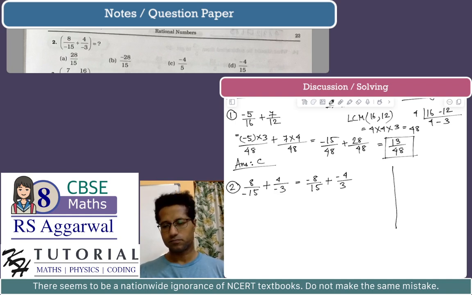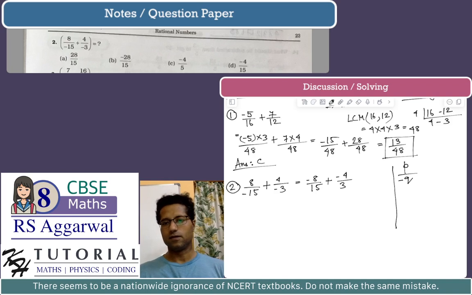Let's say you have a rational number of the form p by minus q, where minus q is the denominator and q is a positive integer not equal to 0. How will you convert it to its equivalent form so that the denominator becomes positive? Not standard form, its equivalent form.